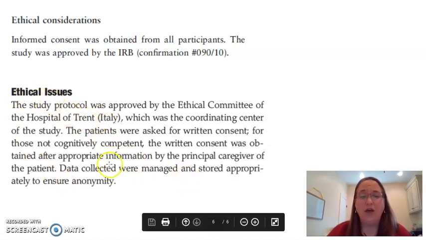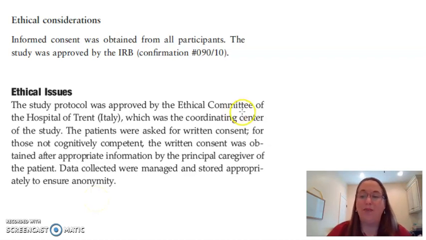This is a third article, and again, this is not in the United States, so you don't see the words IRB. Instead, it says ethical committee, same difference. And then they talked about the written consent, and then they specifically gave you a little bit more information, which I found was good because not all of their participants were able to give informed consent, possibly because of some cognitive or developmental issues that did not allow them to make informed decisions autonomously.